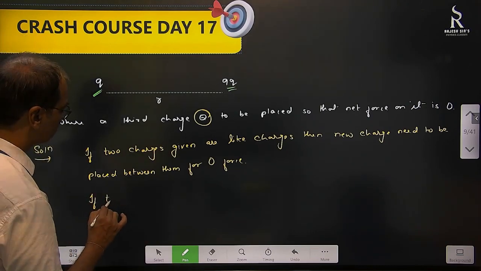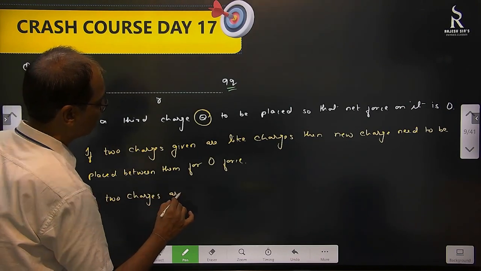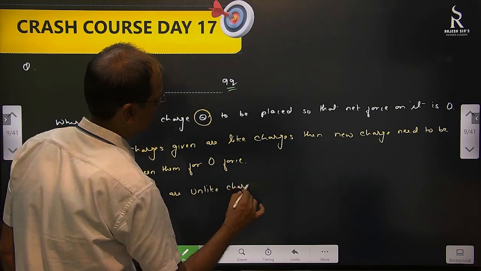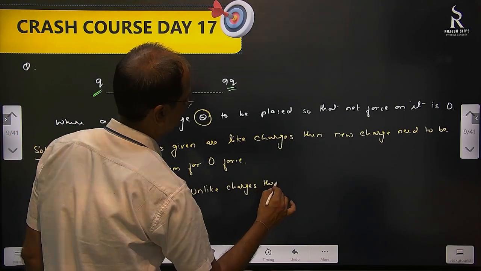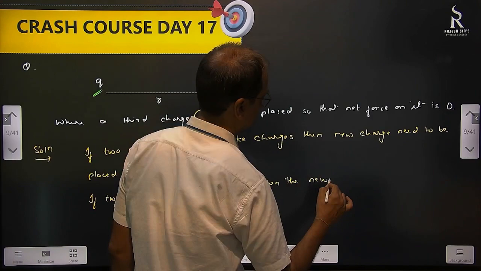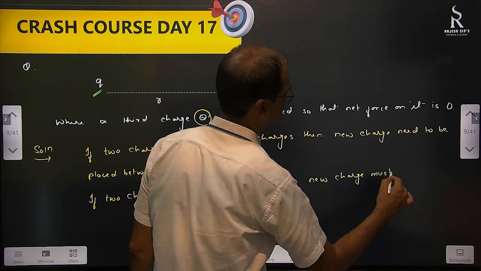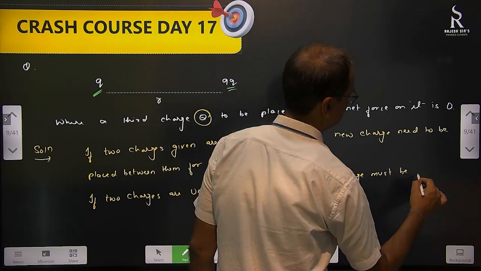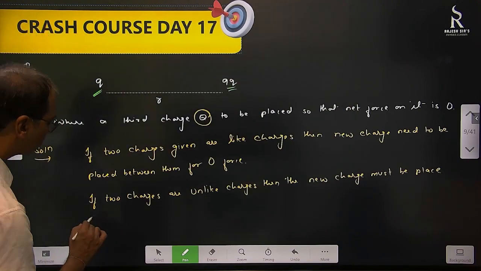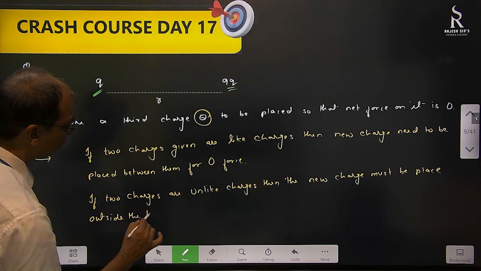If the two charges are unlike charges, then the new charge must be placed outside the line joining the two charges.